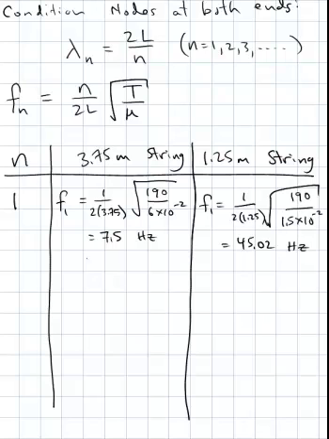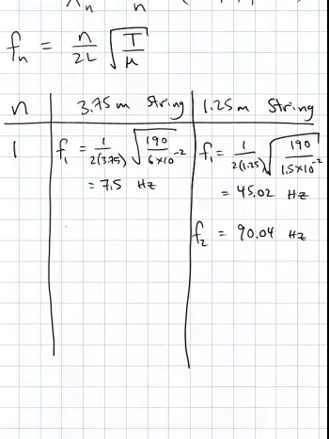So I'm going to keep going up for 3.75 and see if I get one that equals 45. And if I jump over 45, then I'll keep going and I'll look to see what the next one up is. The next one up is going to be twice as big, right? F sub 2 here is going to be twice as much as this one, 90.04 hertz. But let's see where we end up. So I'm going to keep going over here.